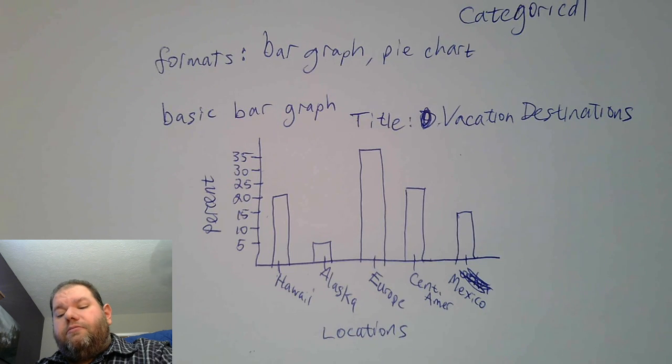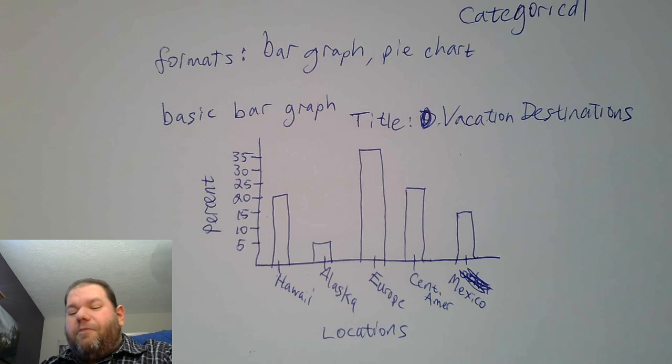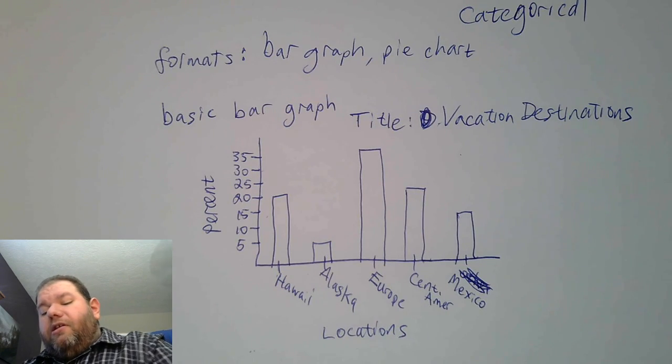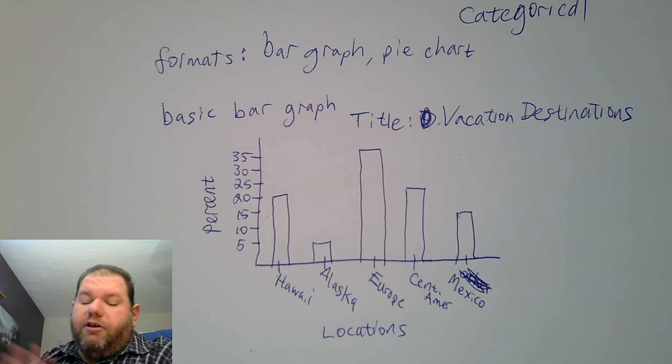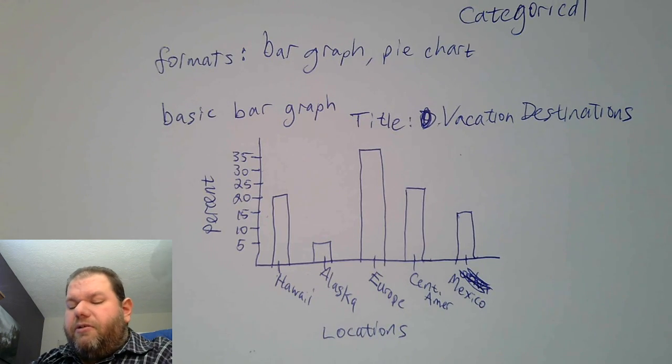I like to think I picked some of them at least. Probably Mexico would be higher than Europe, but anyway, maybe not. I'll probably switch these two, and it doesn't matter.